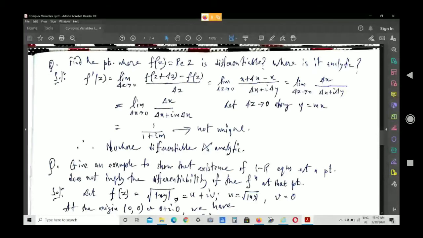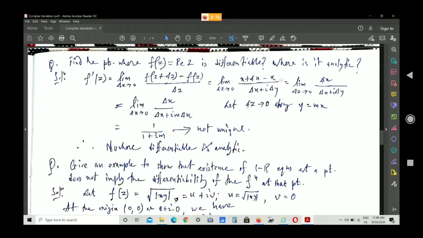of it being analytic. I don't know whether you have studied or not, there is a difference between analyticity and differentiability. Analyticity at a point means that it should be differentiable at that point, and also at all points in a neighborhood of that point.